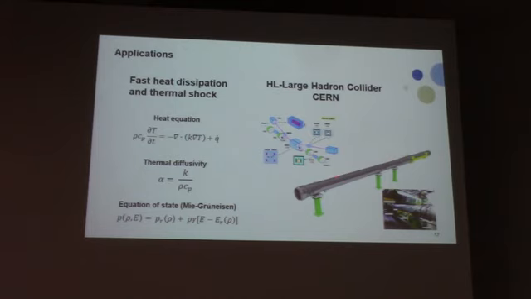So basically here we have a lot of stacked layers of graphite foils, and then we need to know, for example, the equation of state of this material at very high temperature, and this is the starting point of a huge work that is going to start now.